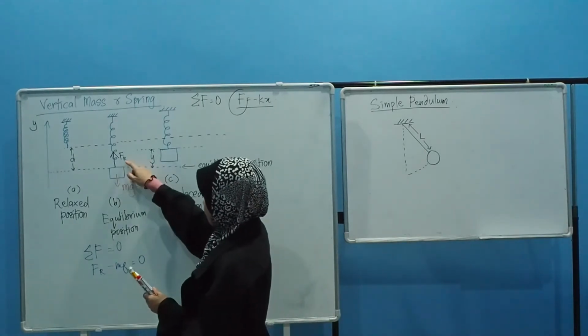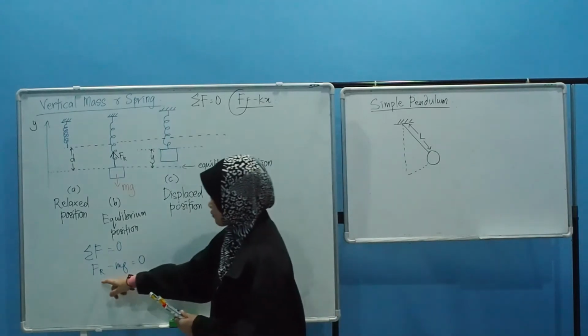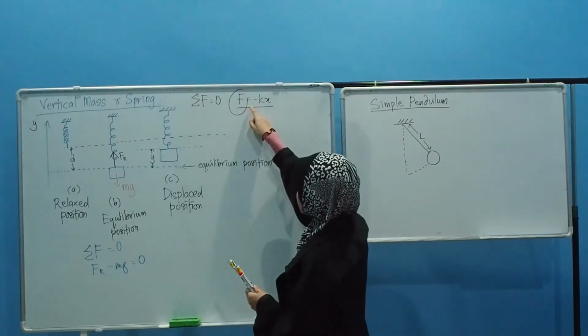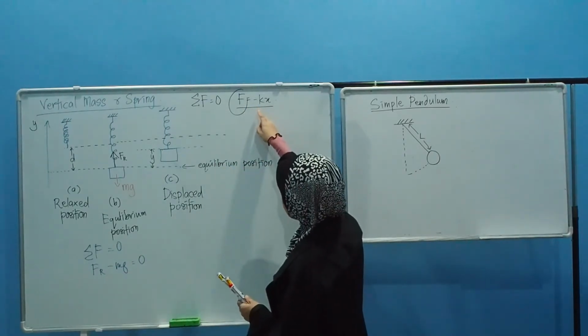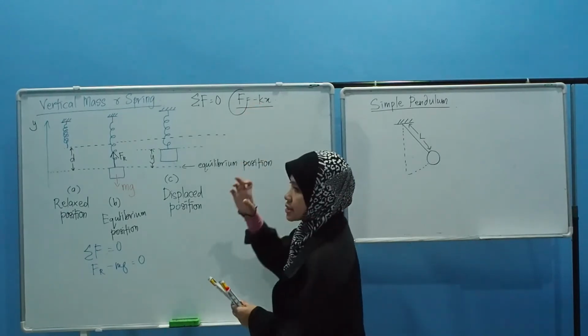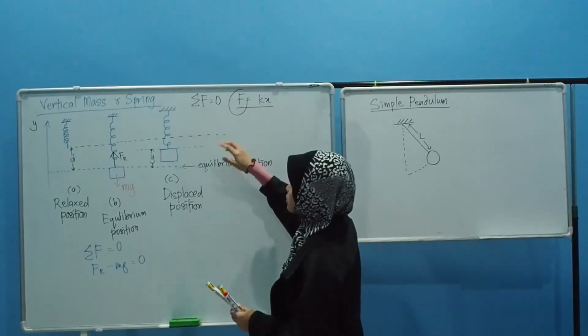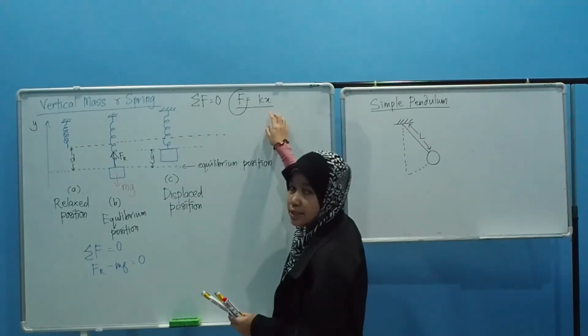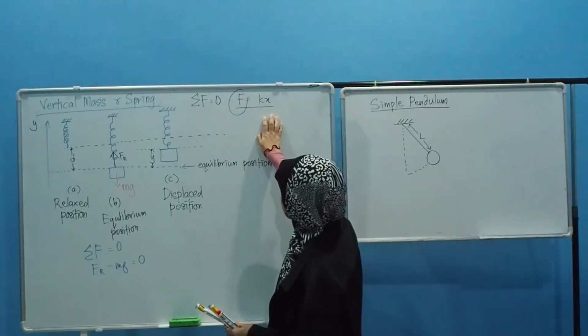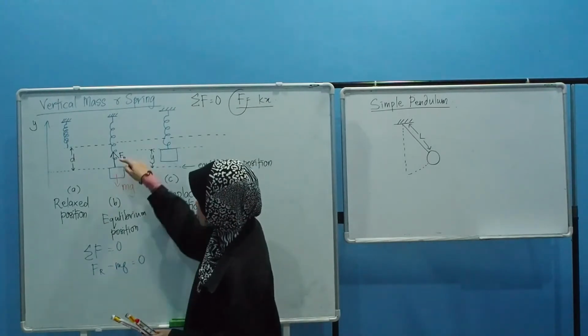So I will substitute Fr. Look at Hooke's law, F is equal to minus kx. Now I just take the magnitude, so I erase the minus first. F is equal to kx. Here F is the restoring force.